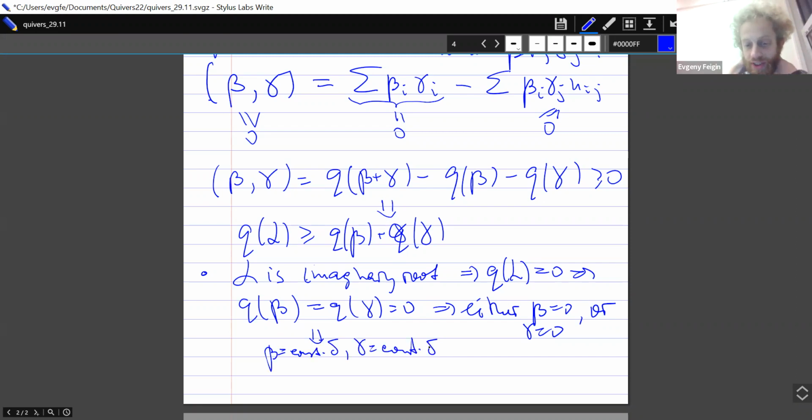Assume that both constants are non-zero. Then, since delta has no zero coordinates at all, both beta and gamma have no zero coordinates at all. But we decided that beta and gamma cannot have common non-zero coordinates. Okay?